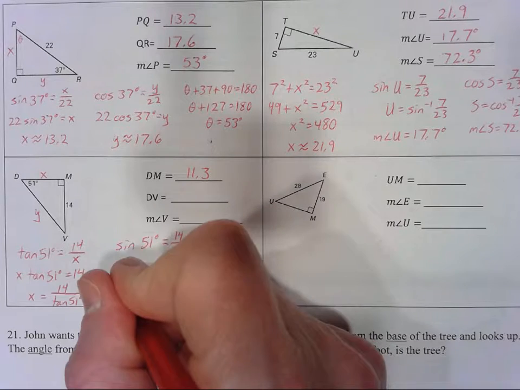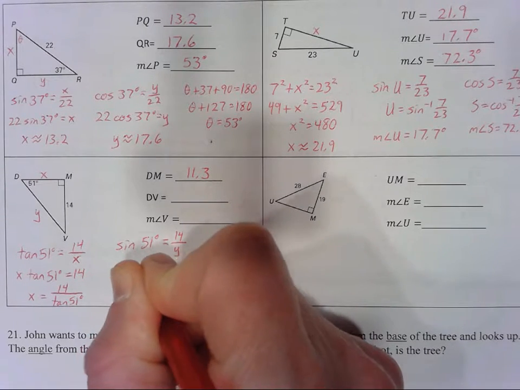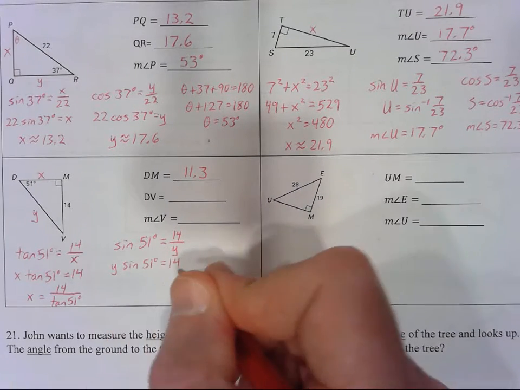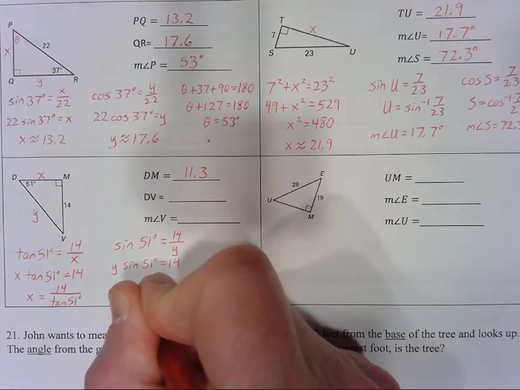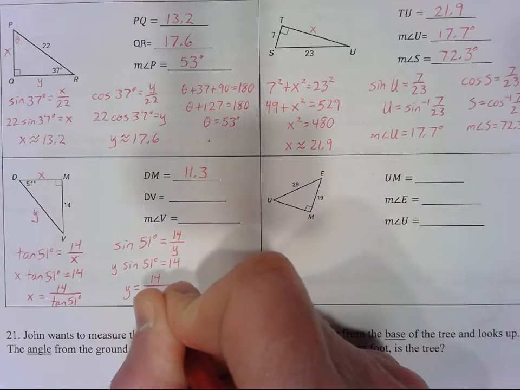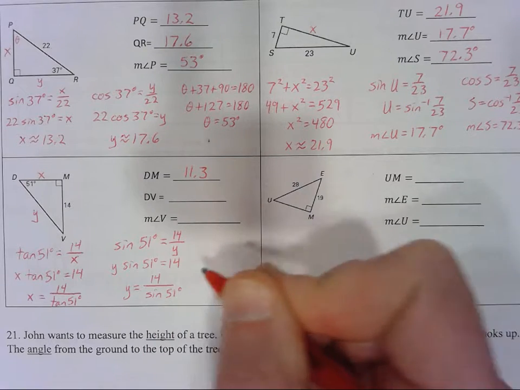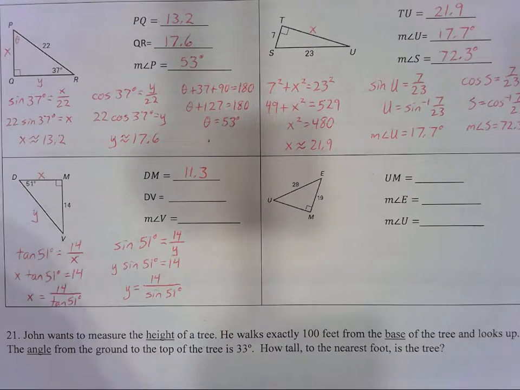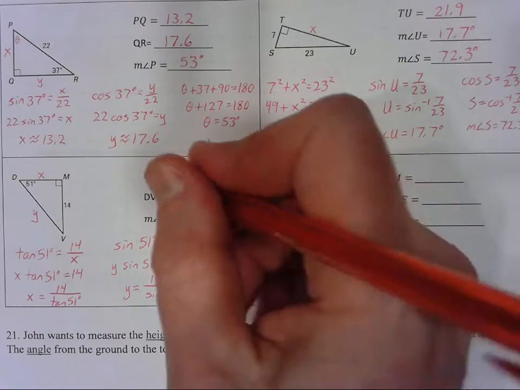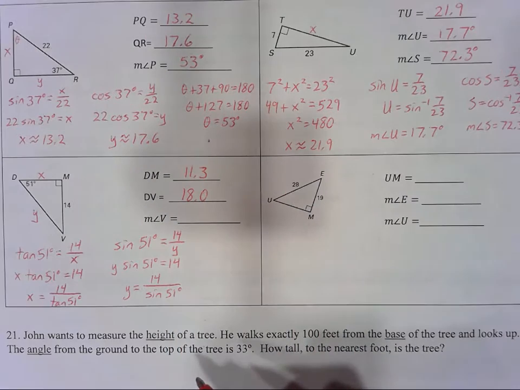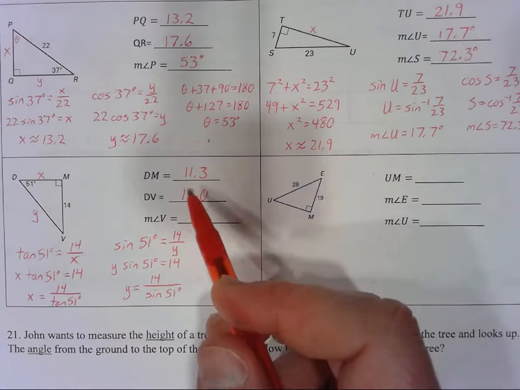Y multiplies over next to the sine of 51, and we divide by sine of 51 so that y is equal to the 14 divided by sine of 51. 14 divided by sine of 51 is approximately 18.0. Notice the hypotenuse is the longest side.